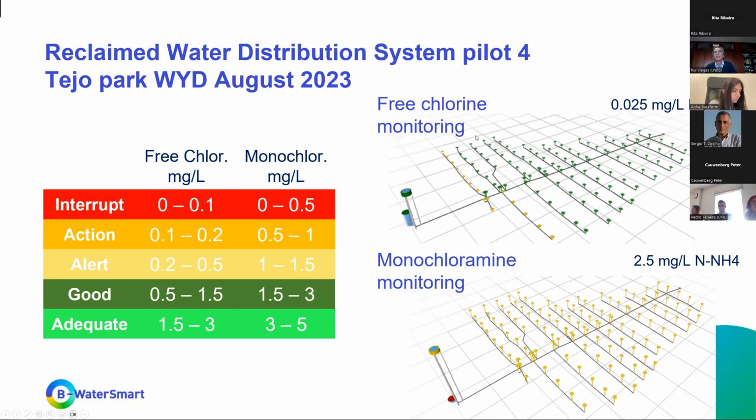When we have the free chlorine formation with the low contents nitrogen water and the monochloramine monitoring, we see here that we are almost always in the alert phase, while here in this situation we are mostly in the good operation of the network. These are prints from the Baseform software that will show afterwards.